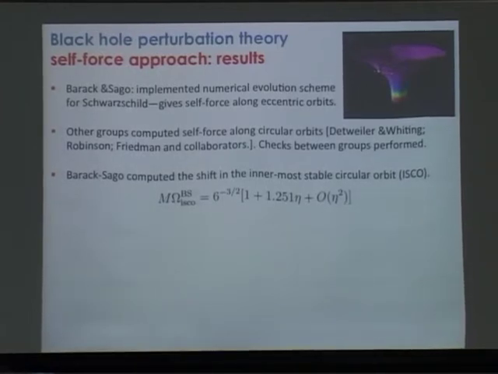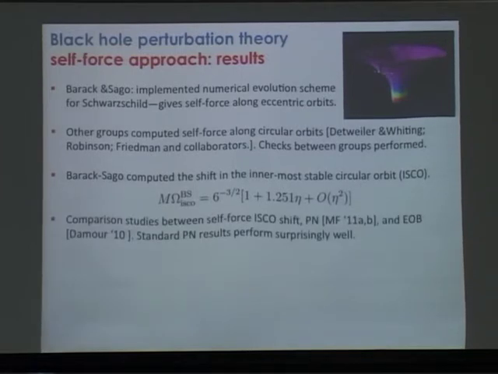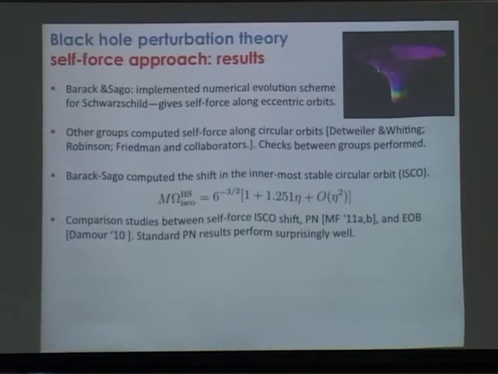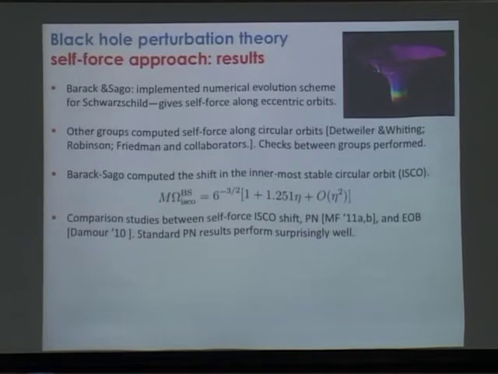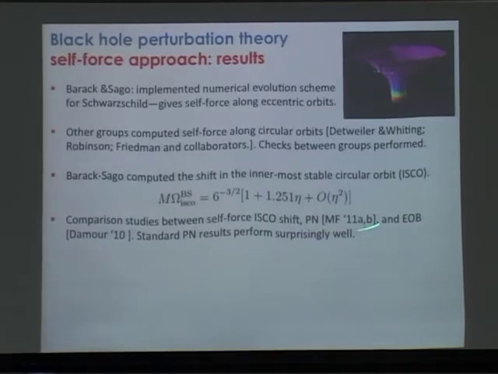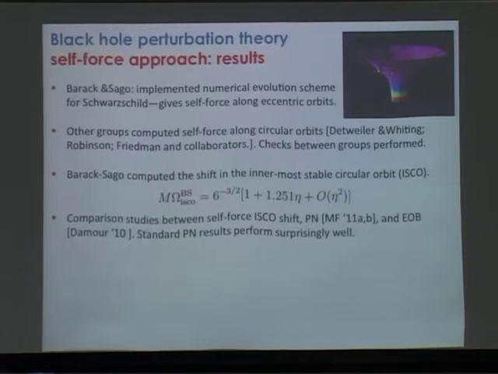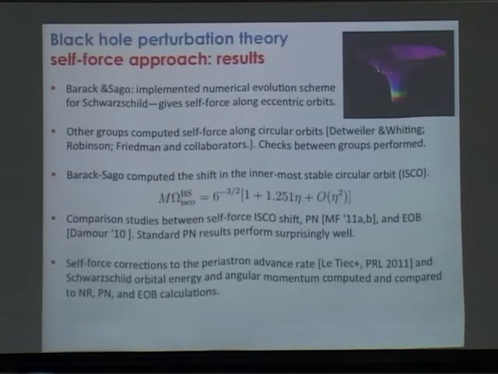So this was the first important number, I would say, that was computed from these self-force calculations. And there were a variety of comparison studies, comparing all the various post-Newtonian and effective one-body approaches and numerical relativity comparisons to this ISCO shift. And you can find that post-Newtonian methods actually can do surprisingly well for certain approaches.